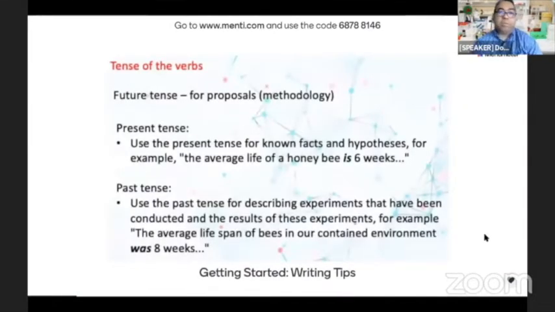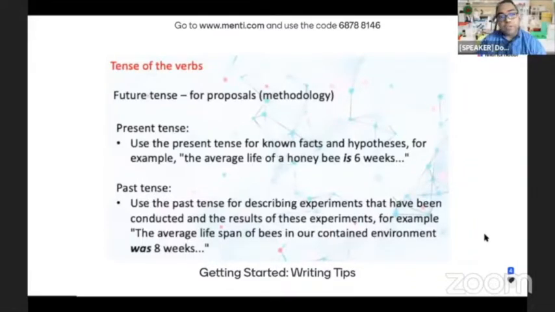Okay, so when it comes to writing overall, ito yung mga tips ko sa inyo. Of course, if it is for a research proposal, then you use the future tense muna. Okay? So, halimbawa, when you talk about extraction, so pigments will be extracted using ethyl acetate, hexane, ethanol.